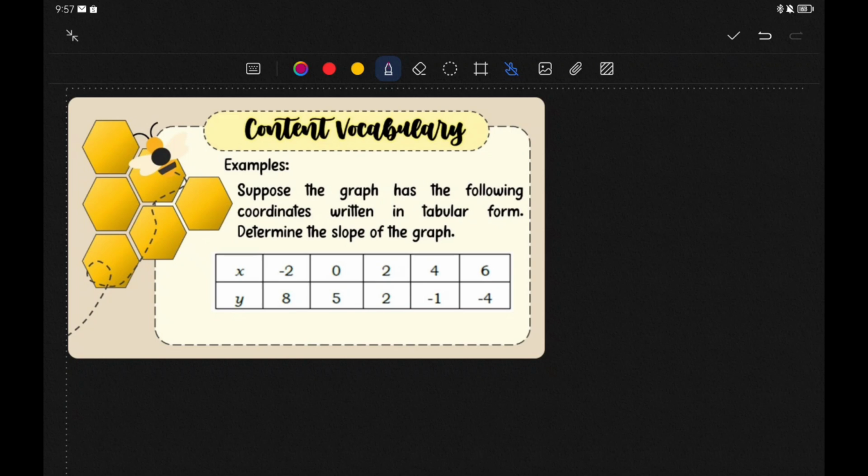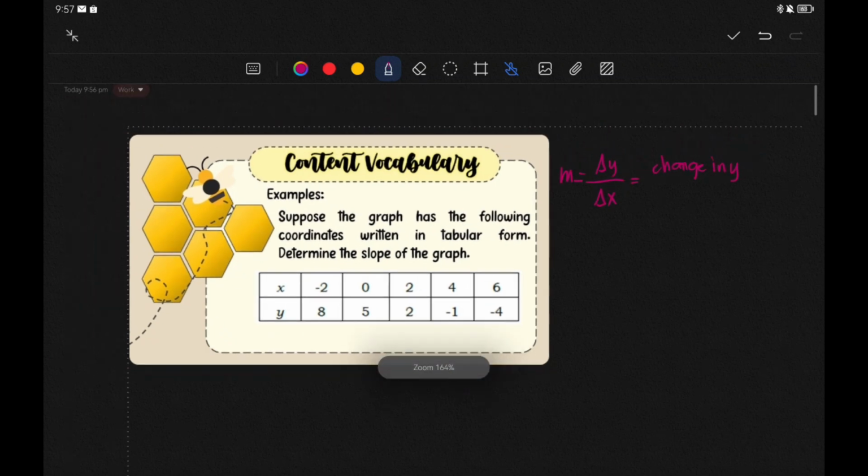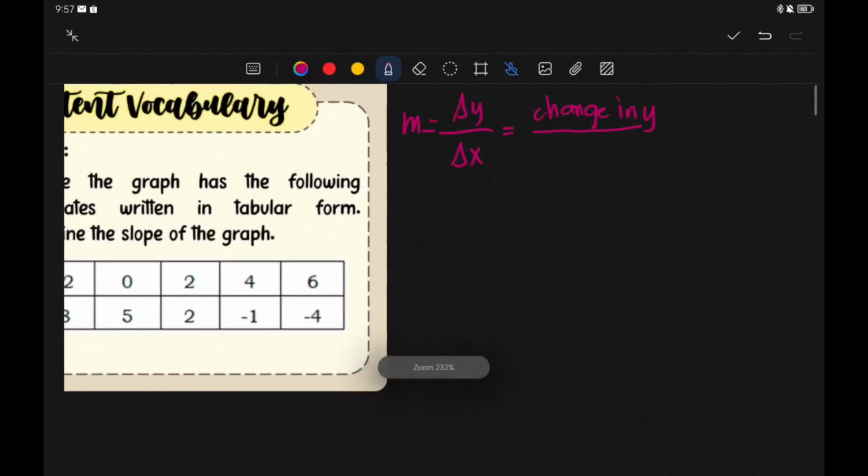Now, in identifying the slope of the graph with this table of values, we need to remember that slope is equal to delta y over delta x, or the change in y over change in x, or simply rise over run.